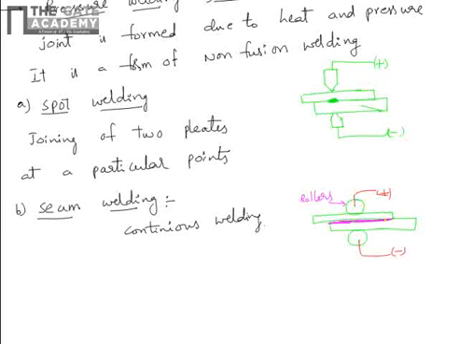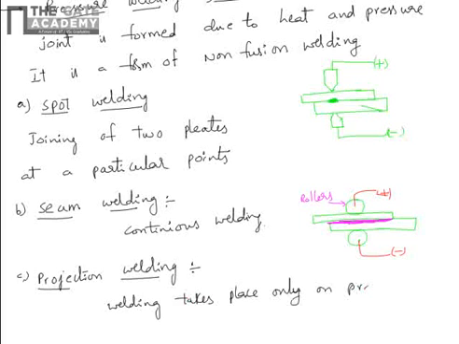The joint is formed with the help of continuous rolling of the rollers on the two sheets, applying pressure and heat. Then projection welding: welding takes place only on projections. That's called projection welding.